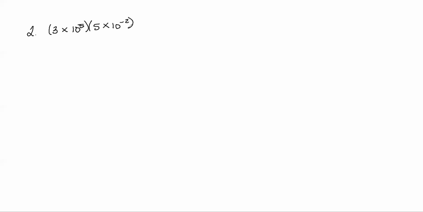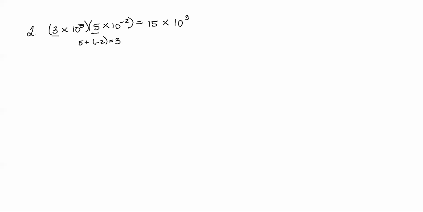Now we're going to multiply the numbers in the front first. So 3 times 5 is 15. Add the exponents, so 5 plus negative 2 is 3 again, so times 10 to the third.